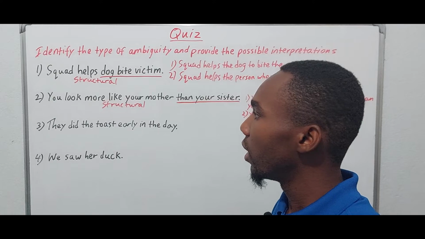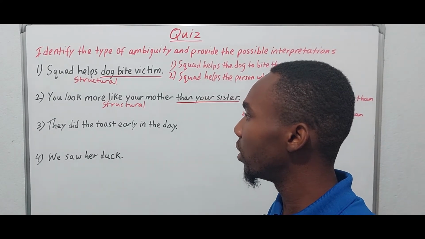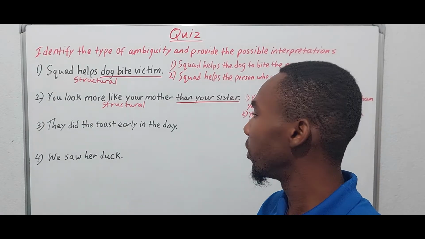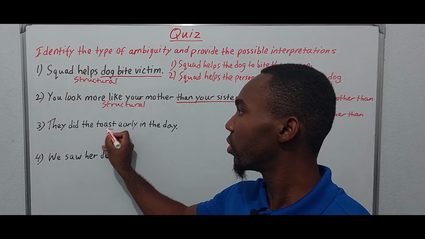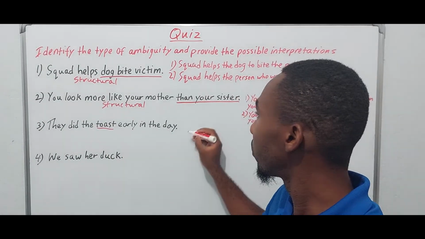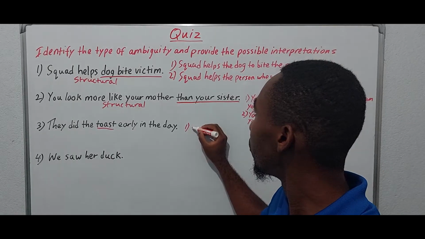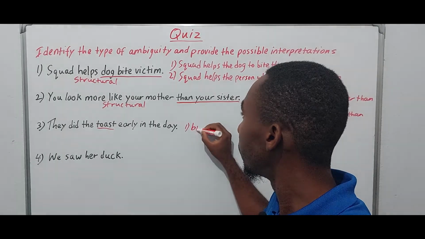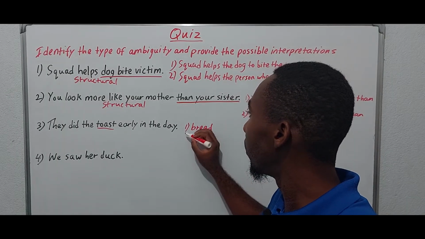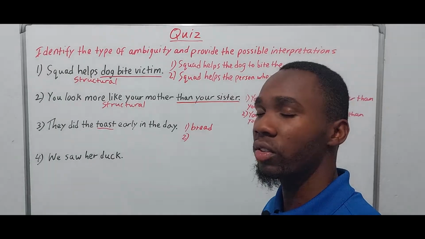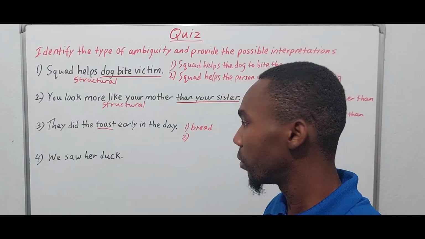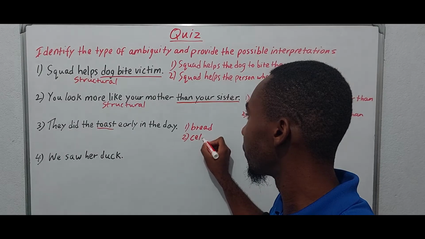3. They did the toast early in the day. So where's the ambiguity? The ambiguity is occurring in toast. Toast could refer to bread, or 2, toast could refer to celebration.